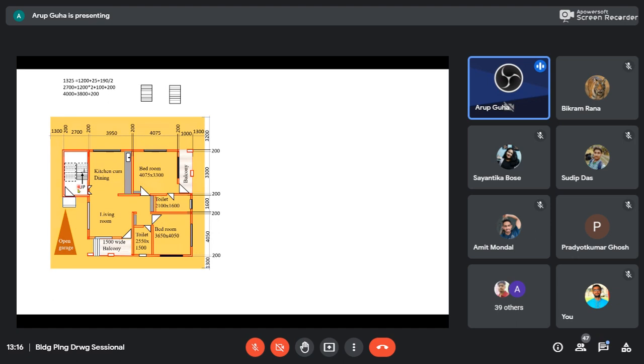Here we have put a double leaf door, because if this opens here, it puts hindrance in moving about. This is kitchen cum dining. So you enter from the garage through this space and then enter this way. So you have to take a turn to move to your kitchen cum dining or living.